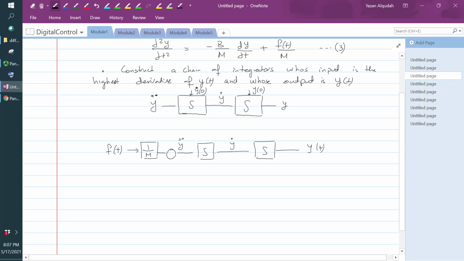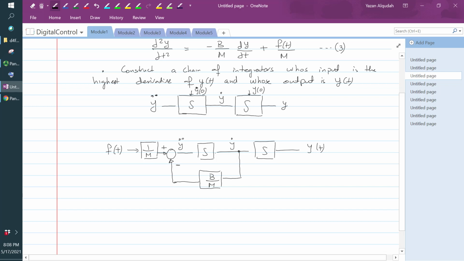I also have to add negative b over m multiplied by y dot, so I take y dot, multiply it by b over m, and add it to the other signal, with a negative sign because of the negative sign in the equation.